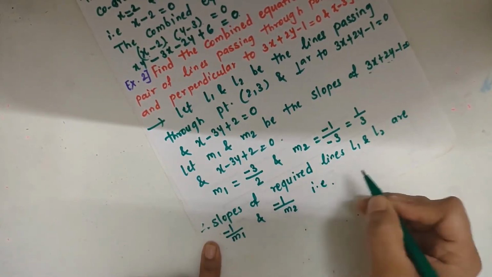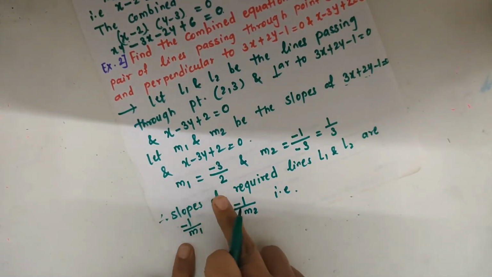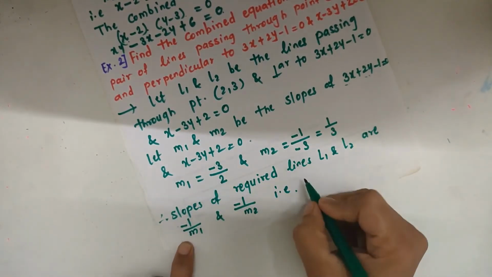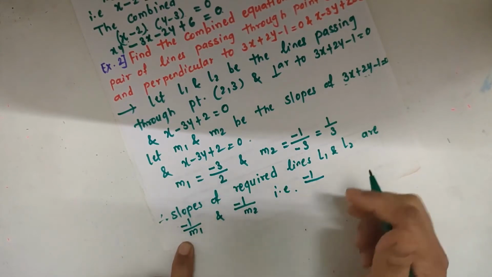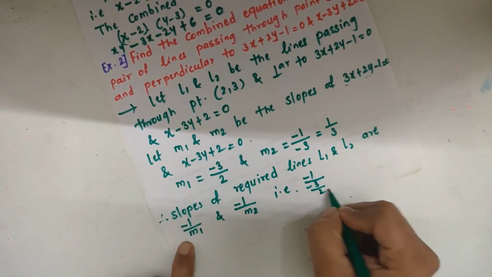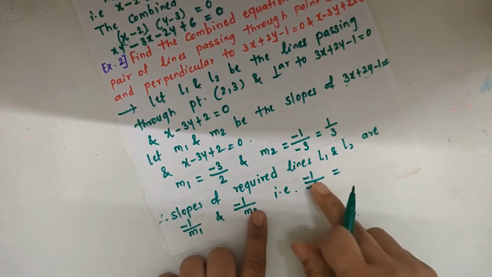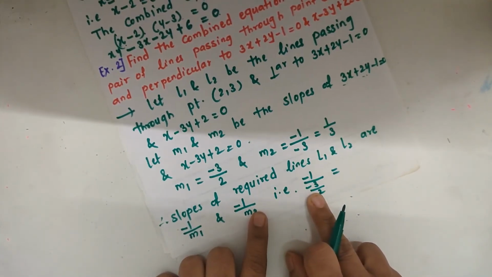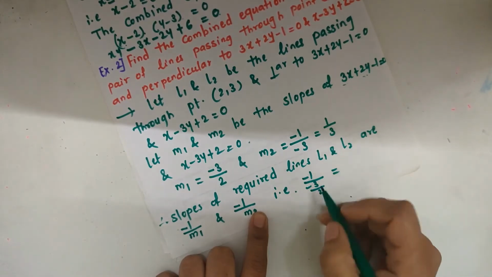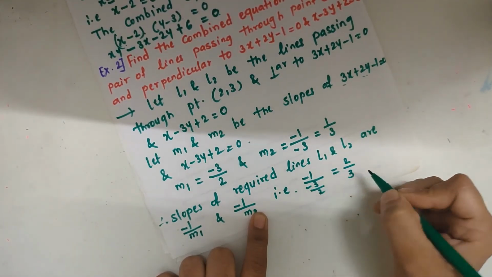That is, minus 1 upon M1, that is minus 1 upon the value of M1, which is minus 3 upon 2. So it is equal to, minus minus will get cancelled and we get 2 upon 3.